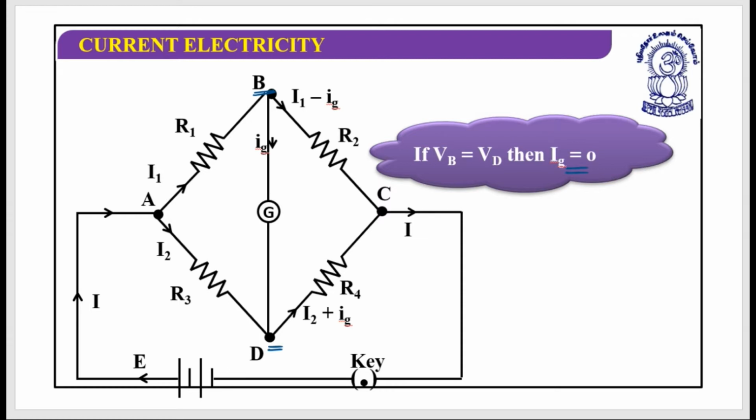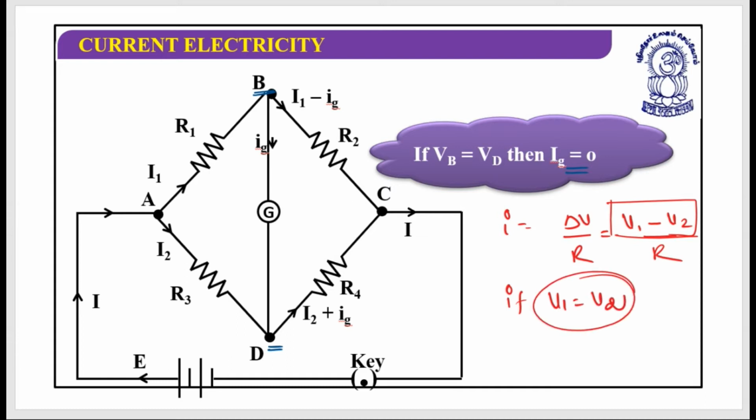Why can I say this? Look here: I equals delta V by R. If I write delta V as V1 minus V2 divided by resistance, and if V1 equals V2, that is, these points are equipotential, then the current through that branch would be 0. And if the current through that branch is 0, the circuit becomes very easy for me.